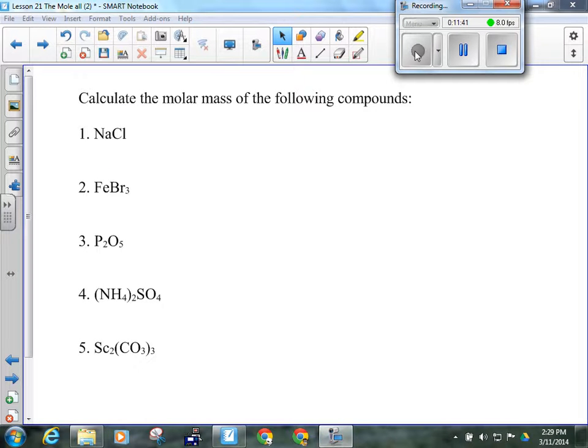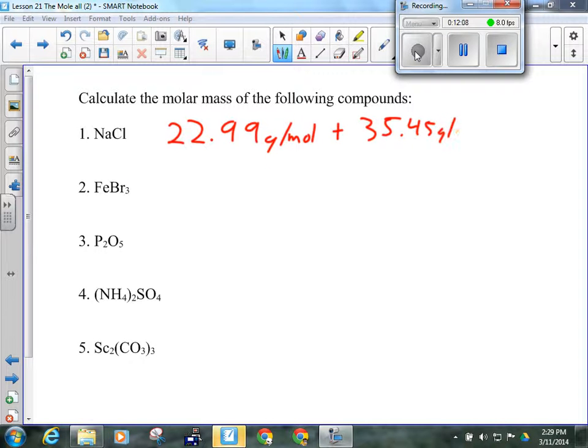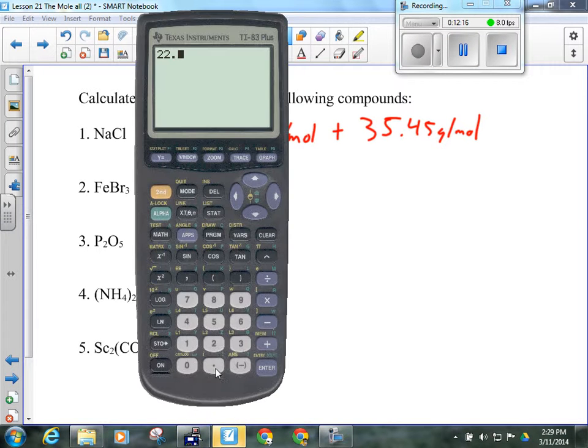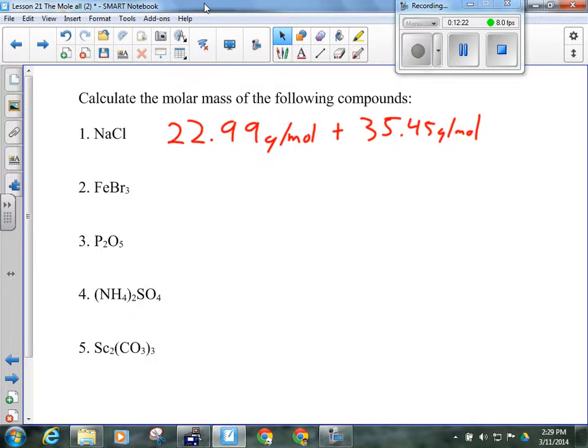Let's have a look at number 1 together, just so we have another solved example to work through. I've got sodium chloride here. How many sodium atoms? 1. How many chlorine atoms? 1. So if I only have 1 sodium, I go 22.99 grams per mole, because that's the molar mass of sodium, and I add that to the molar mass of chlorine, 35.45 grams per mole. 22.99 plus 35.45 gives us 58.44 grams per mole.